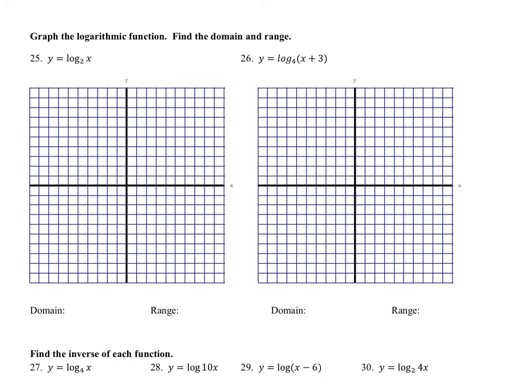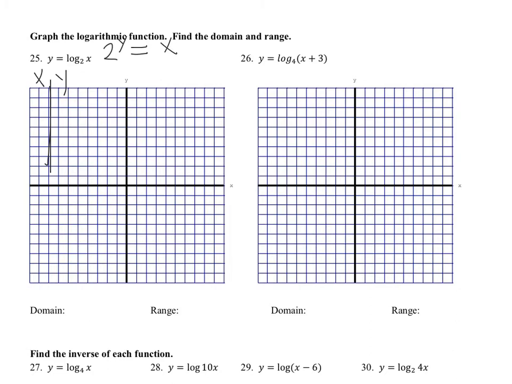Actual graphing. So again, I'm not sure how your teacher exactly likes to do this, but how I would typically do this is make a table and then graph the points. So now I'm not going to use this section, but what I'm going to do here, x, y, I'm going to rewrite this as 2 to the y is equal to x. So I'm going to actually find my y values and plug them in.